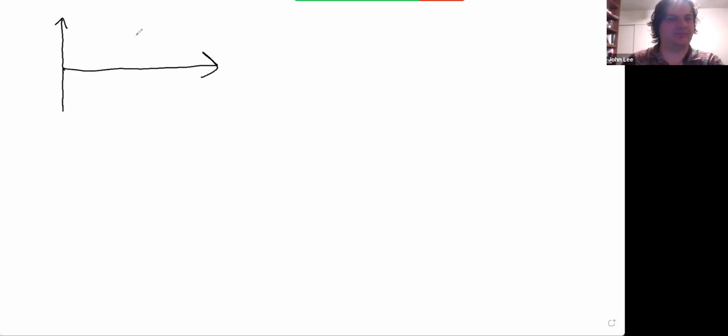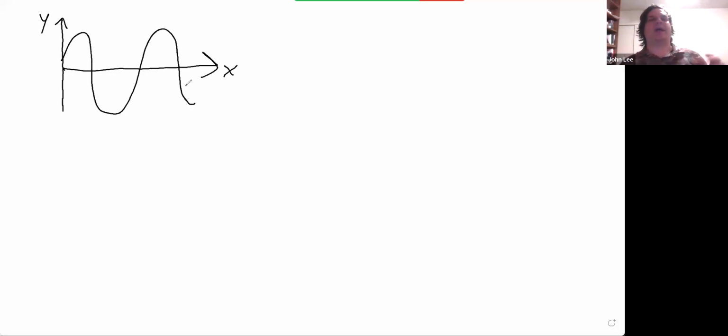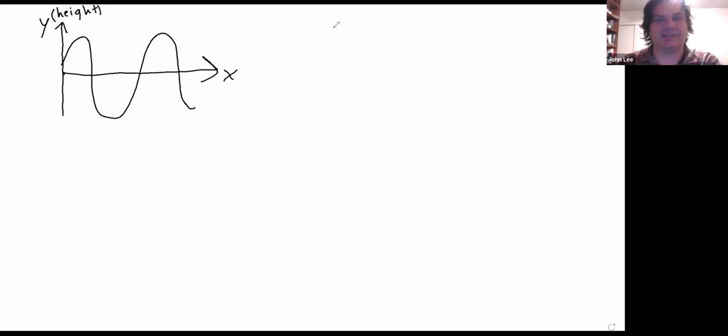Transverse waves, if you look at y versus x, or y versus t, have the form where it goes up and down and up and down, where the actual height changes as you look at the wave. So y is height in this case, that's what we're measuring. And then y versus x here, where y is again height.